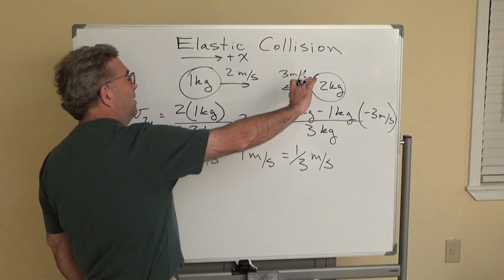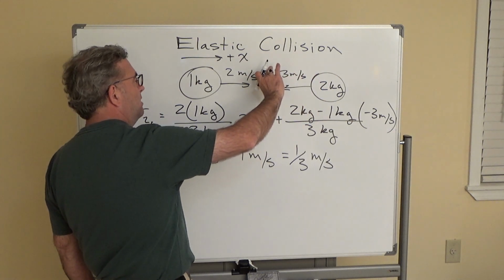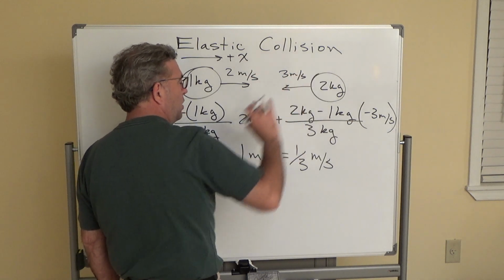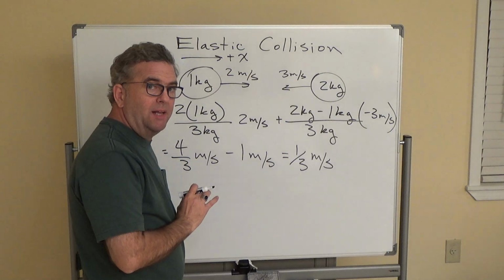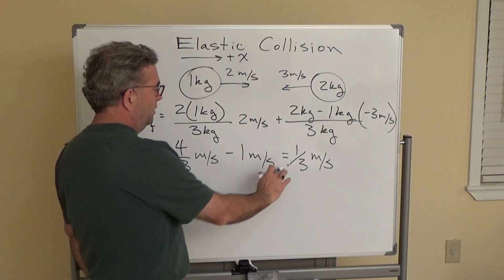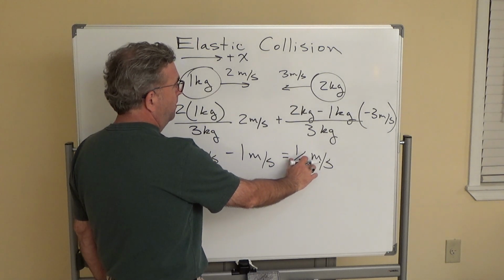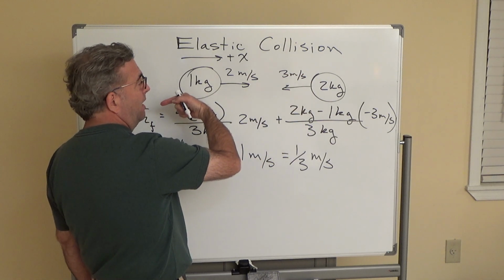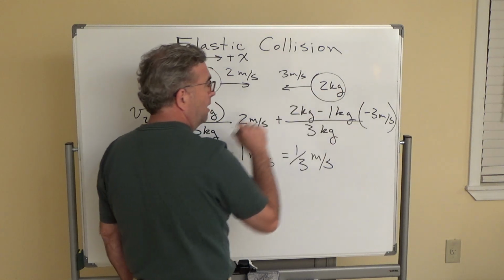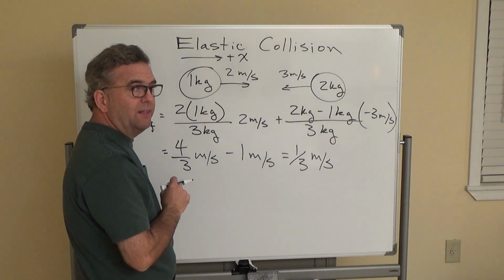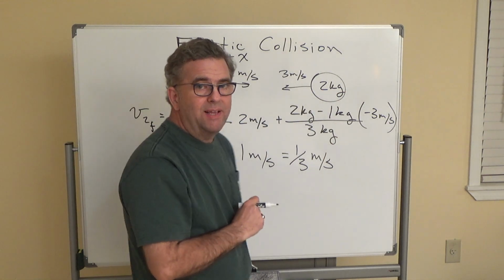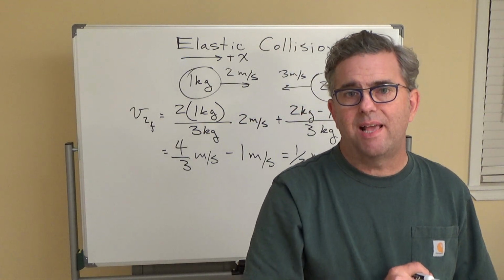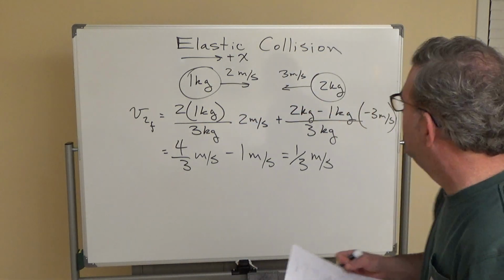Because of the collision, it stops and goes back very slowly in the positive X direction. It's going at 1/3 meters per second. It started out at 3 meters per second in this direction, and it ends up going 1/3 meter per second in that direction. And that's the way we'll handle these elastic collisions.